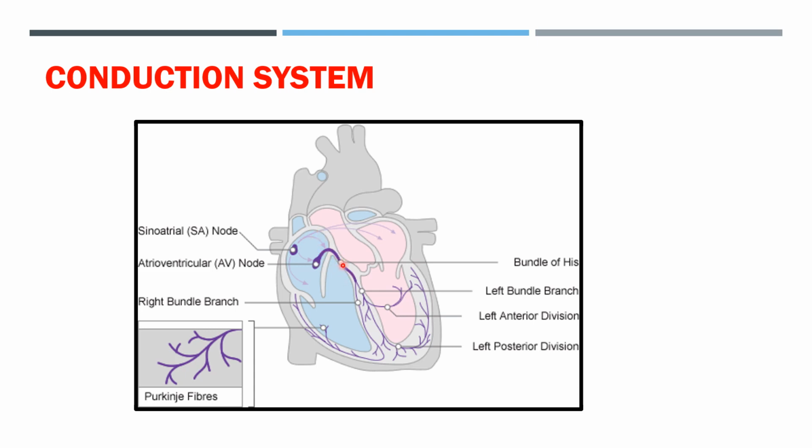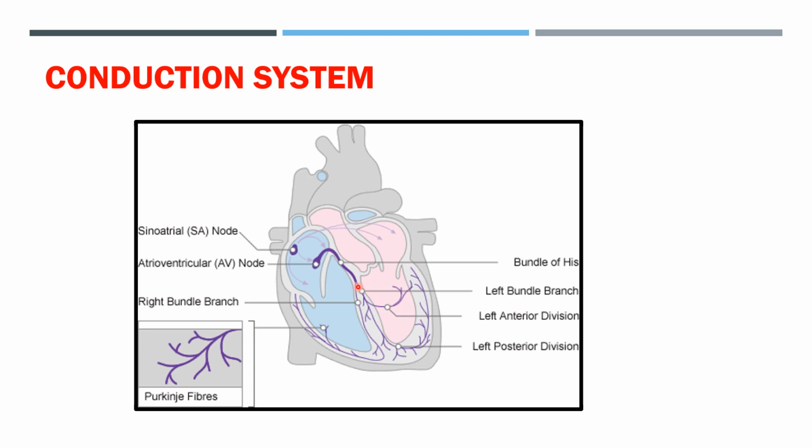That portion is known as the bundle of His, and it divides into two, the right bundle branch and the left bundle branch. The area where the AV node is situated is known as Koch's triangle, and the branches of the bundle of His are known as the right and left bundle, or Tawara branches.